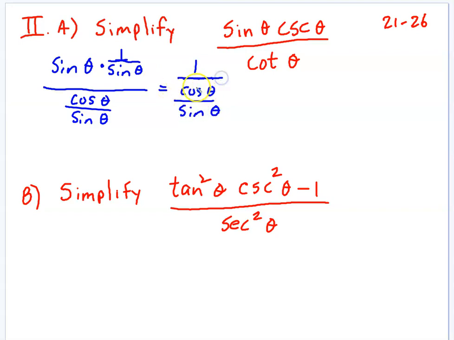So I'm dividing by this fraction, which means anytime I divide by a fraction, I'm multiplying by its reciprocal. All right, and so now sine divided by cosine is another way of saying tangent. So 1 times tangent is tangent.